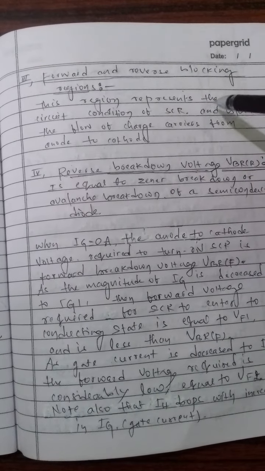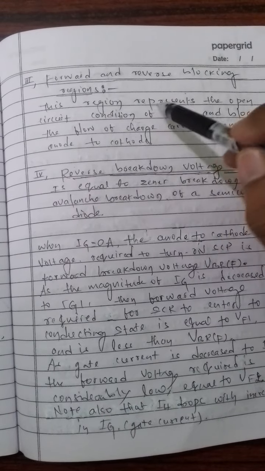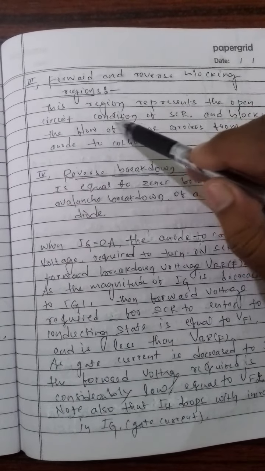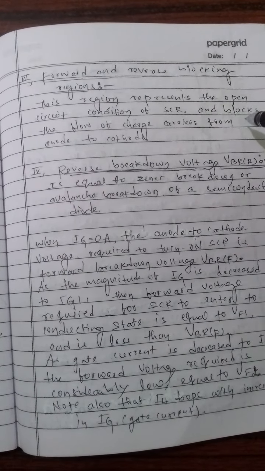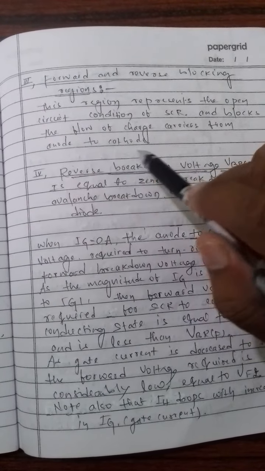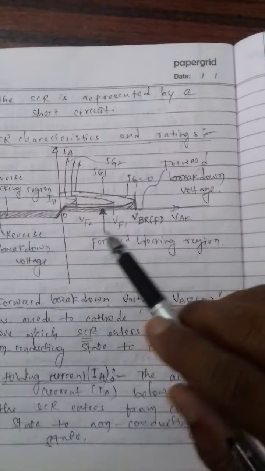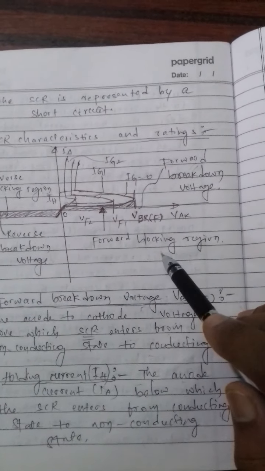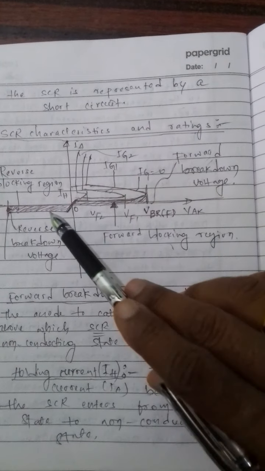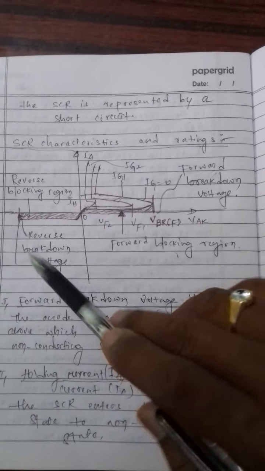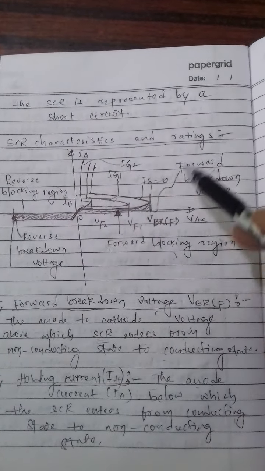This one is the forward blocking region, and this one is the reverse blocking region.